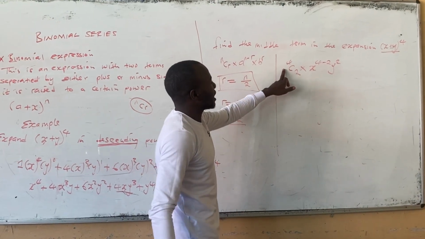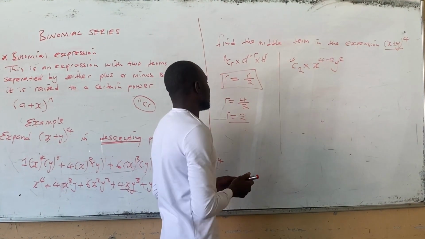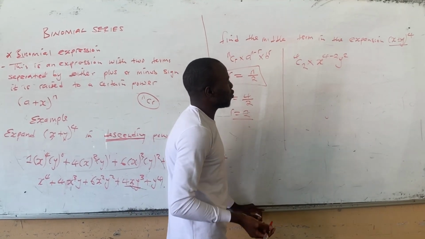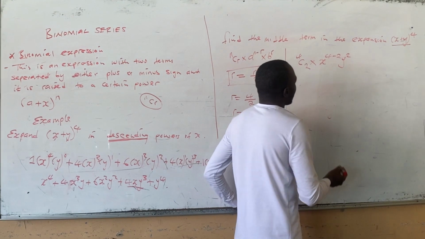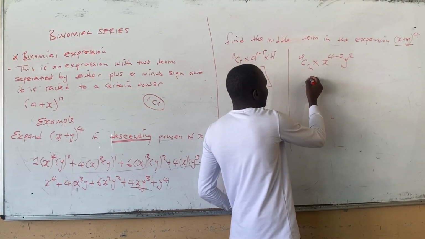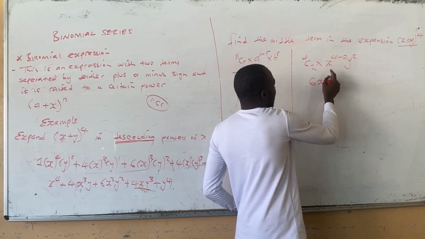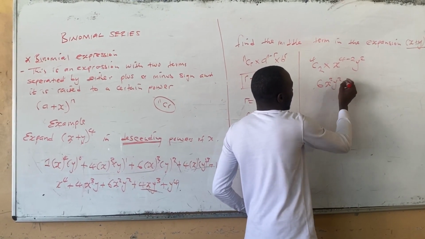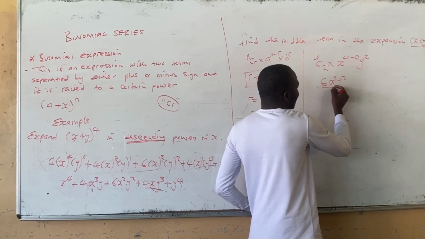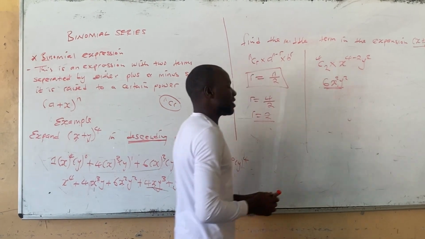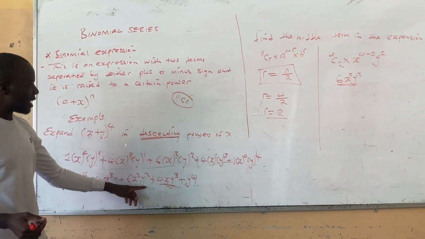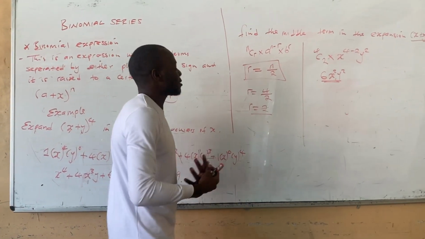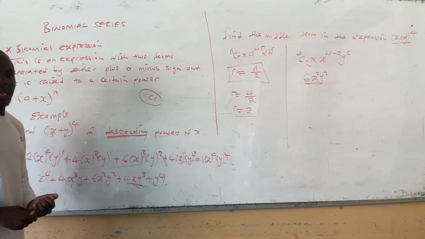When you punch on the calculator, 4 combine 2, you get 6. 4 minus 2, you get 2. Then y to the power 2. So this is the middle term without expanding, and that's what we got here. So this is how you find the middle term without expanding the whole expression.